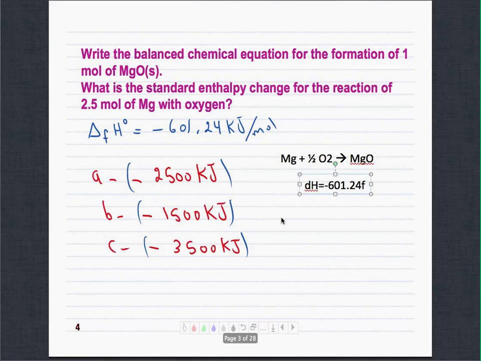So start by writing the formation reaction of magnesium oxide as the definition states, which is for 1 mole from its elements in their elemental form.